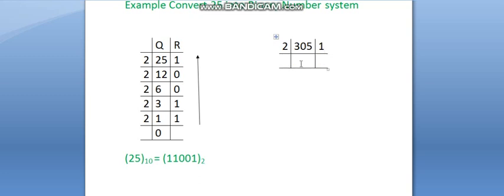Okay, now the quotient, what will be the quotient? If you are going to divide 305 by 2, what you are getting here, 3, 2 1s are 2, then remainder is 1.